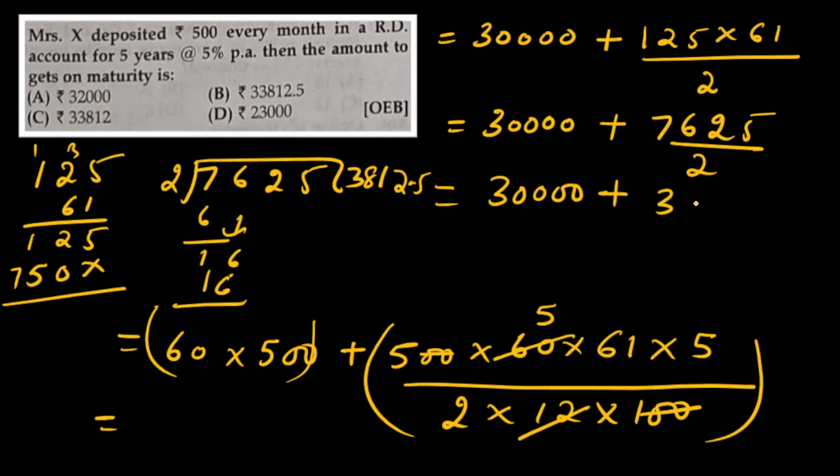So we'll get 3,812.5. We can add both of these, so we'll get the value as 33,812.5. So option B. Let's do the next question.